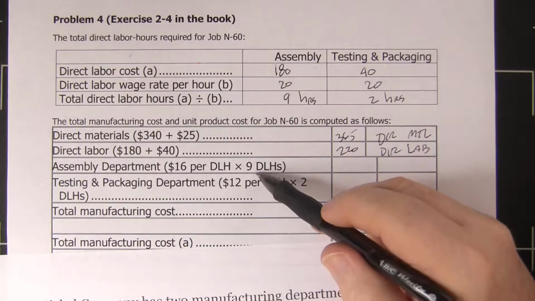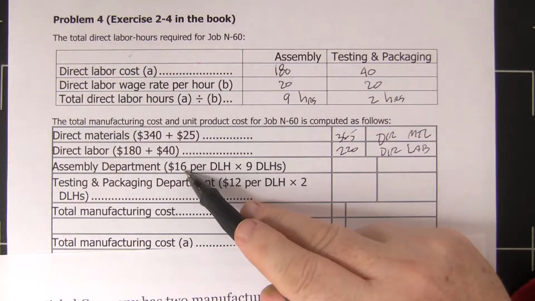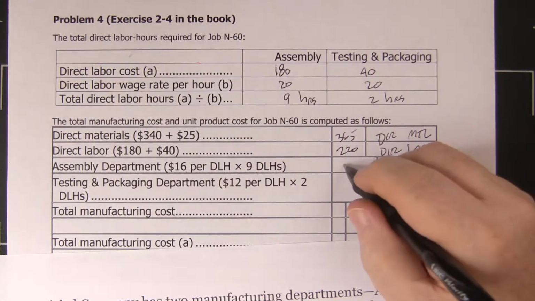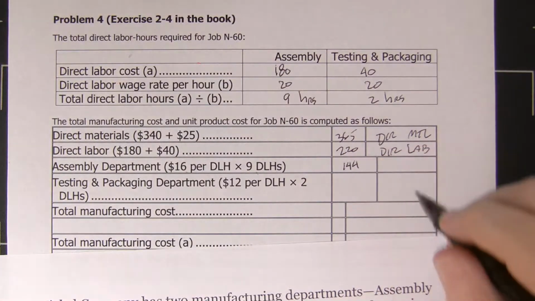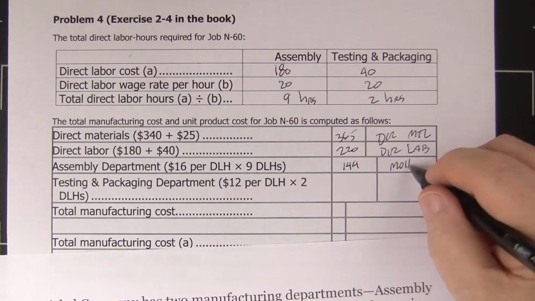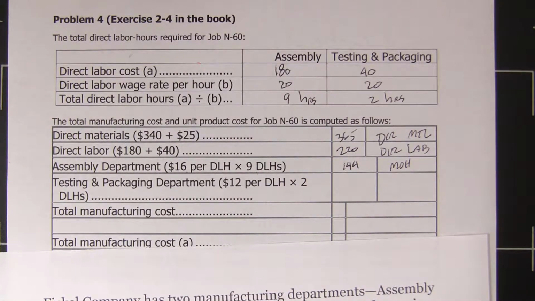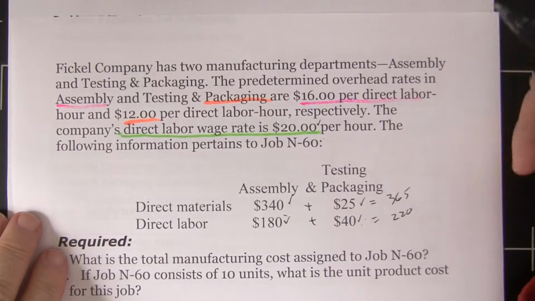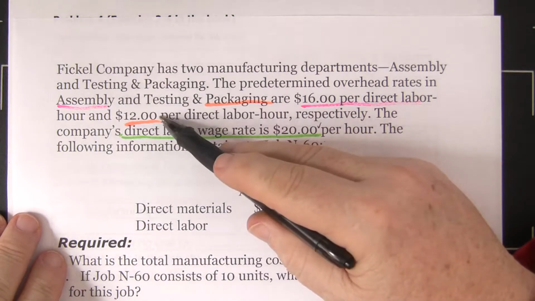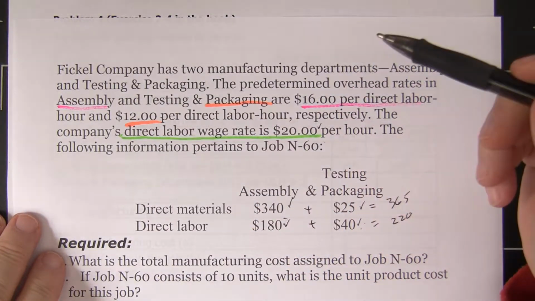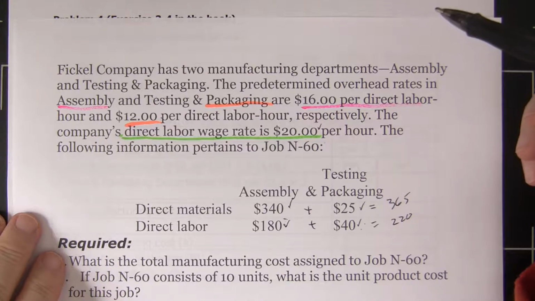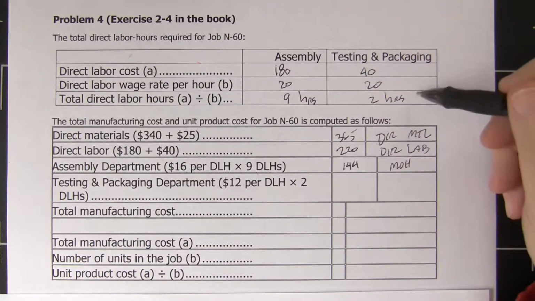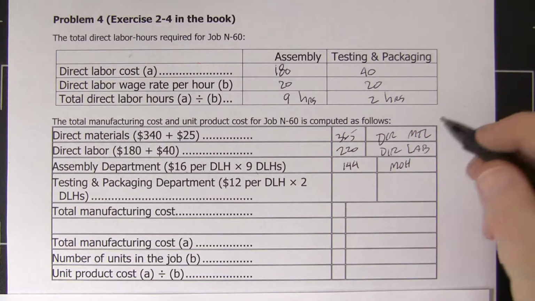So, we had 9 direct labor hours, $16 per, that's $144 overhead from the assembly department. We'll do the same thing, and again, keep in mind they tell us $12 is the rate they use per labor hour for testing and packaging. So 12, and we had the 2 hours we computed. That's 24.